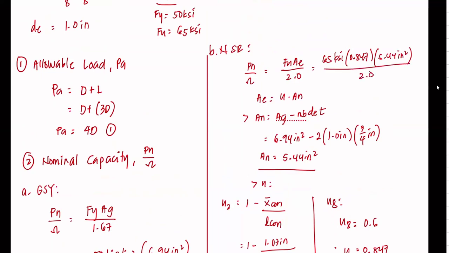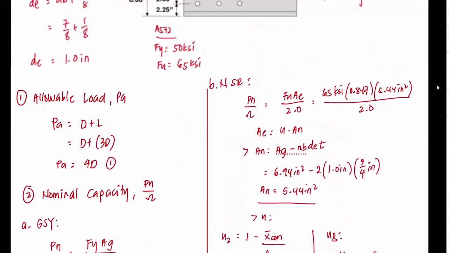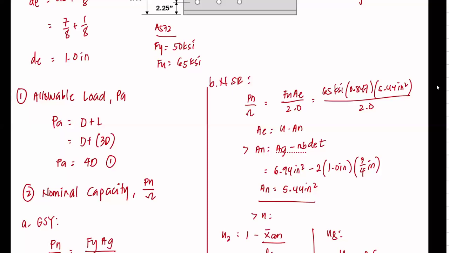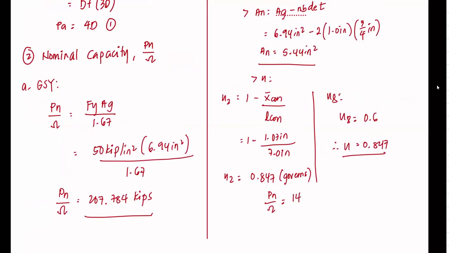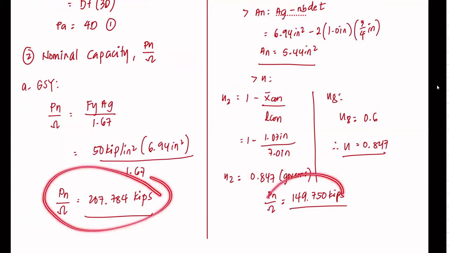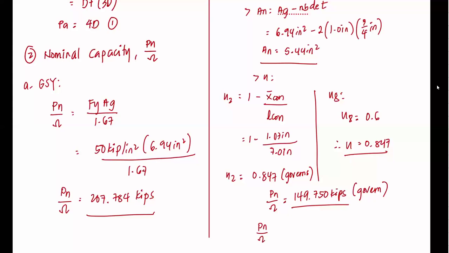So Pn over omega is 65 times 0.847 times 5.44 divided by 2, that is 149.750 kips. And for us to determine whichever is critical between the two, whichever is smaller is the governing one. This means the capacity of our section is 149.75 kips.